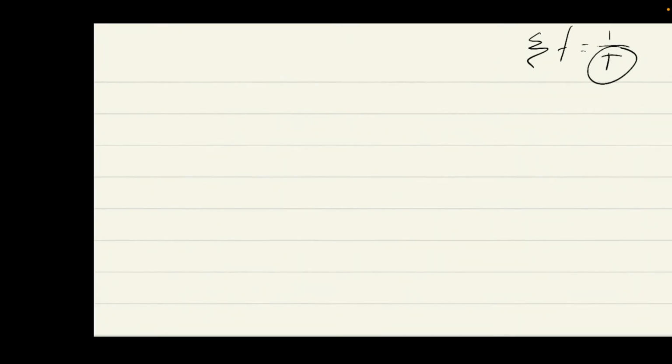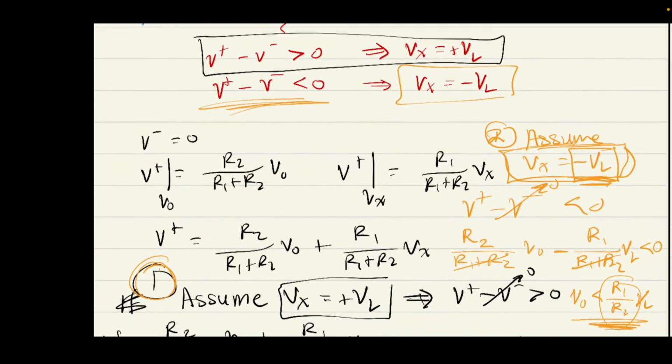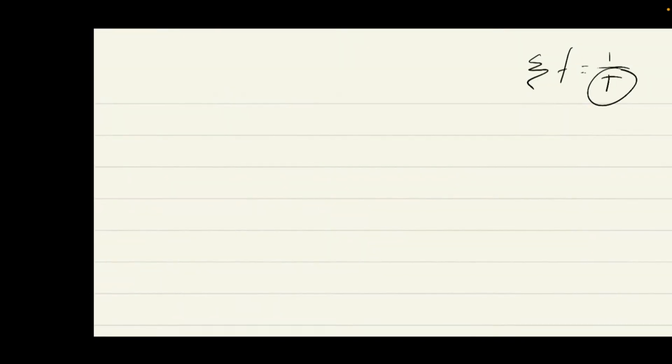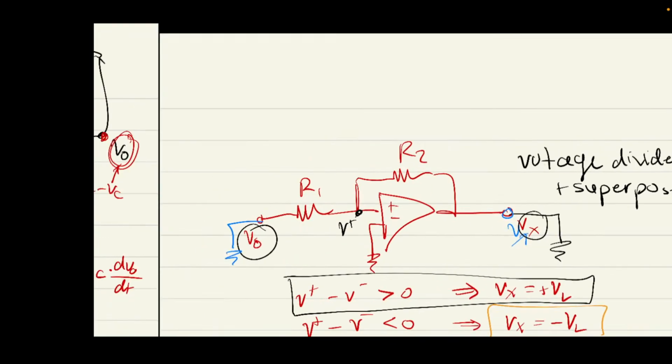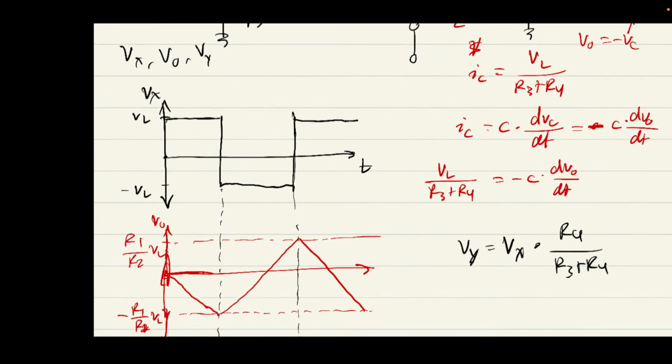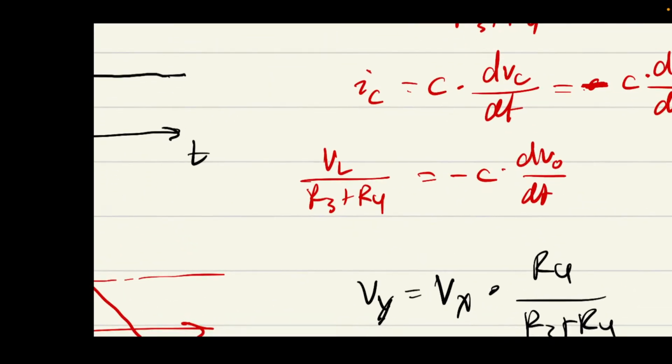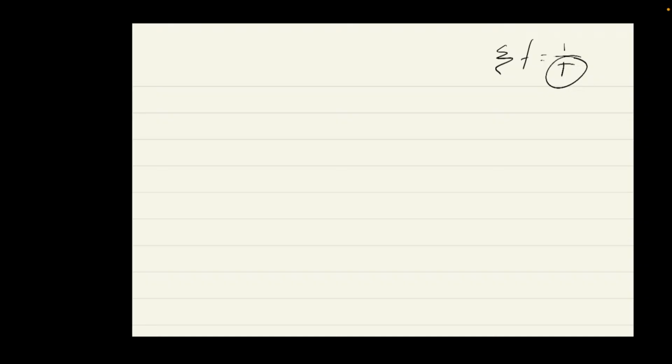Okay. So let's go back to that expression that we derived before, which was VL on R3 plus R4 equals negative C dVO dt. Hold on.